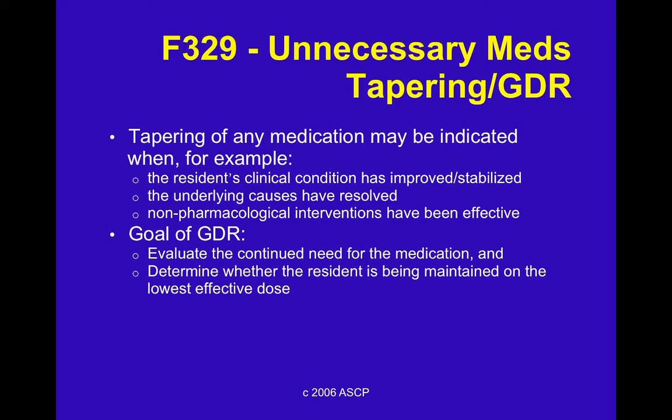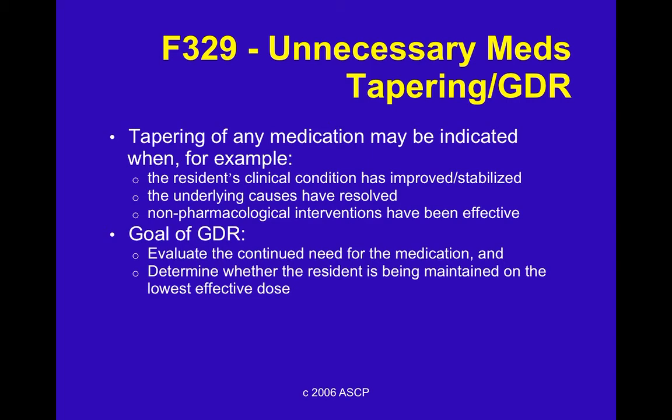If you look at the evidence of that drug, if it's going to work, it's going to help with weight gain within the first 3 months. So what you may do is evaluate if 3 months has passed and we haven't seen significant weight gain, we want to make a recommendation of possibly a dose reduction or discontinuation of the med due to the risks of possible DVTs, especially in an immobile resident.